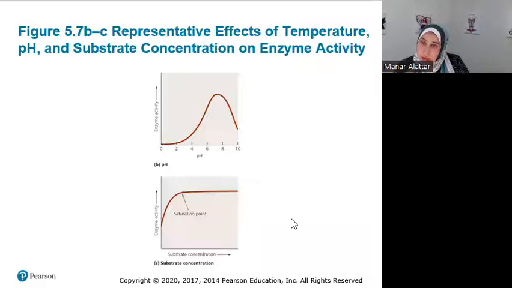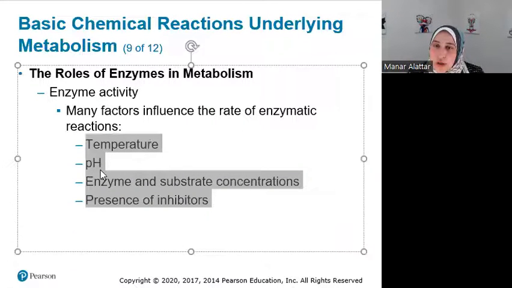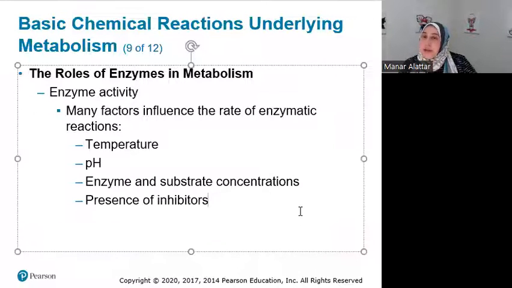Something that's really important to note is if we have the optimal conditions, temperature, pH, and other conditions within the cell, then those enzymes will not denature, and they will continue to be recycled. They will not be used up in the reactions that they facilitate.